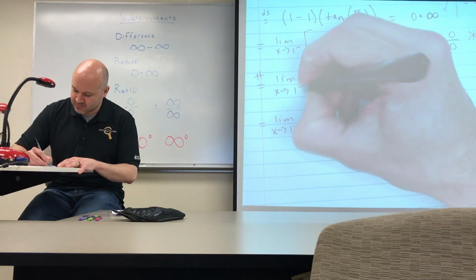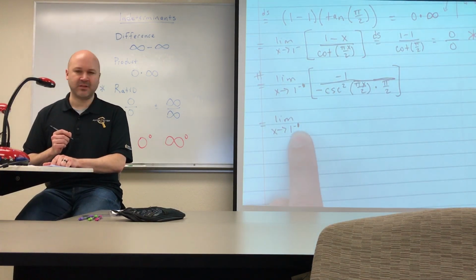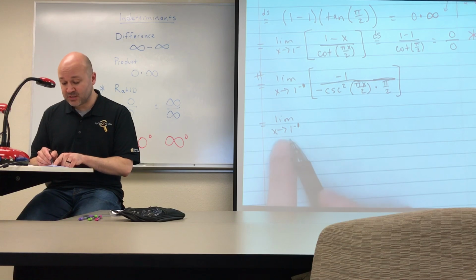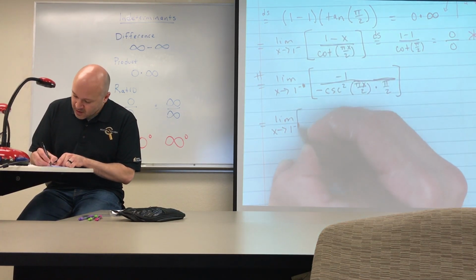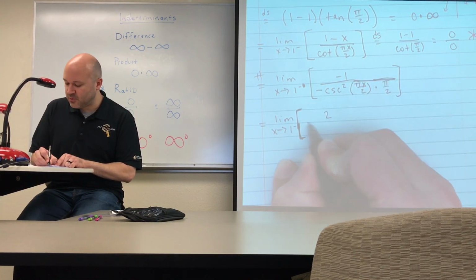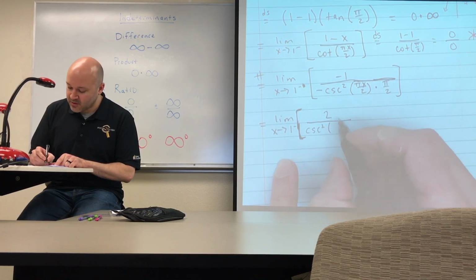I don't know why I have this symbol there. That's just 1 from the left. I don't know why I wrote -1. All right, the limit as x approaches 1 from the left of, that's now going to be positive 2 over cosecant squared of pi x over 2.